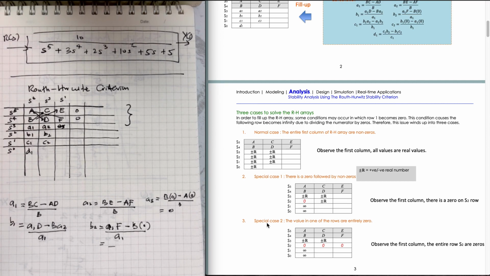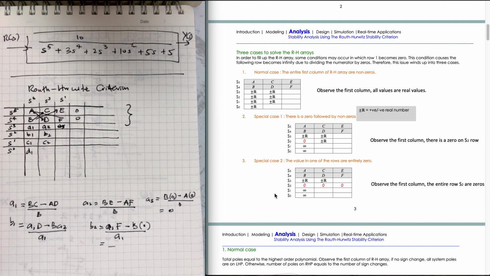The third one, special case two, has the same condition as special case one, but the whole entire row is zeros. Not a real number next to it, but the entire row zero. So there are three conditions you can see after you fill up this. Most of the time we can actually solve using normal case, right? Okay, that's about filling out the table.